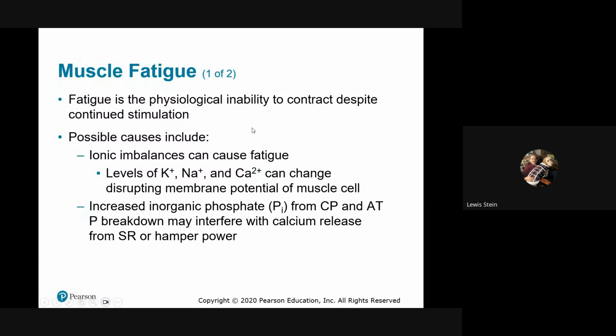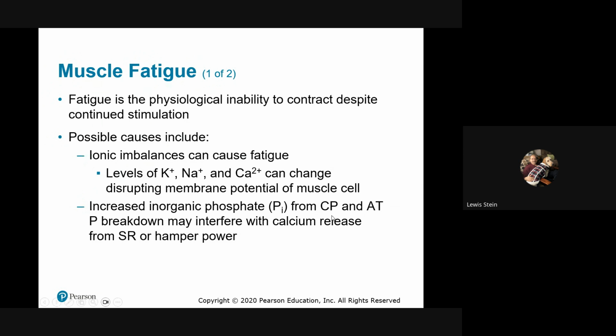The physiological inability to continue contraction: ionic imbalances, potassium, sodium, calcium, disrupting the membrane. We get back to the membrane potential. How can we contract if we can't generate the appropriate threshold and action potentials without irregularity?